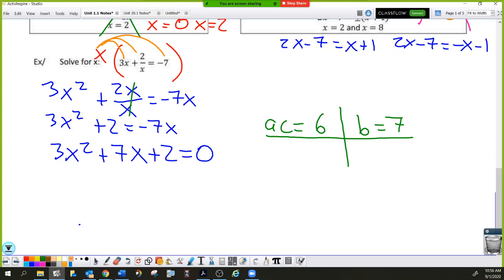Anyway, two numbers that multiply to 6 and give you 7 are just 1 and 6. So just like what we did before, you're going to create your two sets of parentheses, and you're going to put an X in the front of both of them. Our two numbers were 1 and 6, and they were both positive.